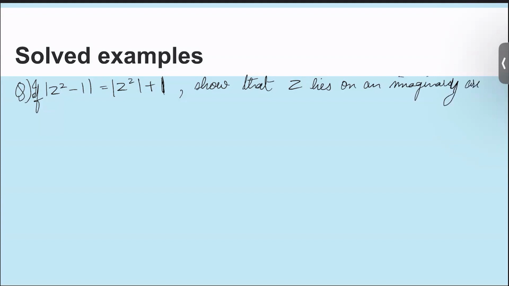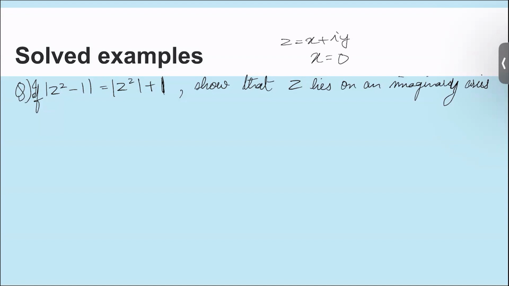Okay. So for z to lie on the imaginary axis, your x should be 0 if you have z is equal to x plus iy, to fulfill this condition.